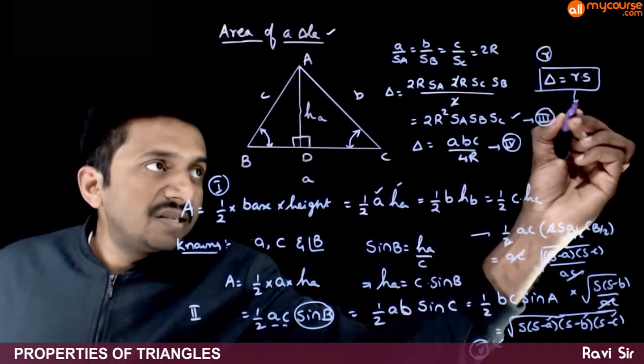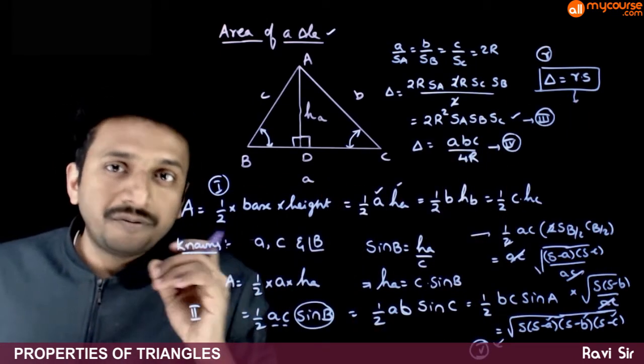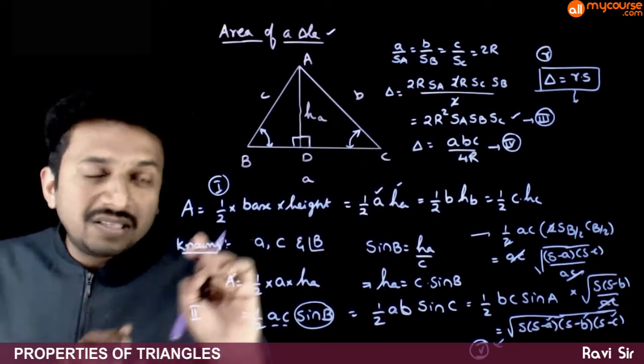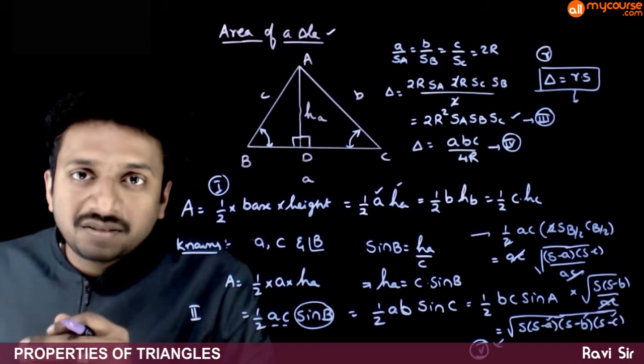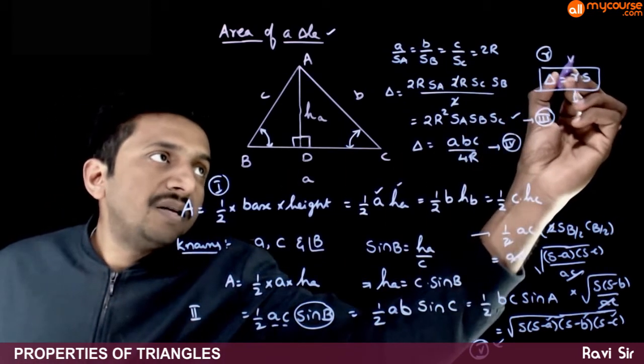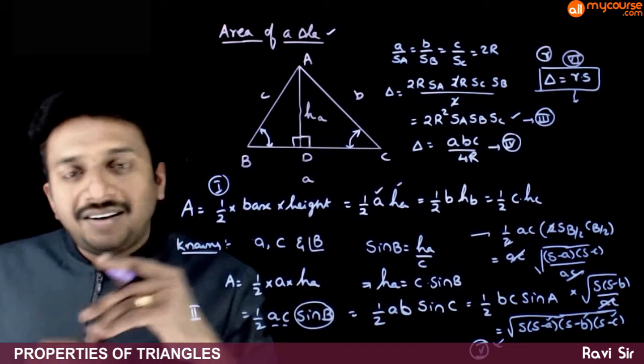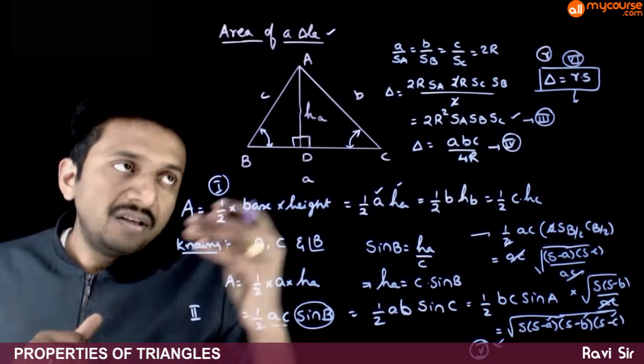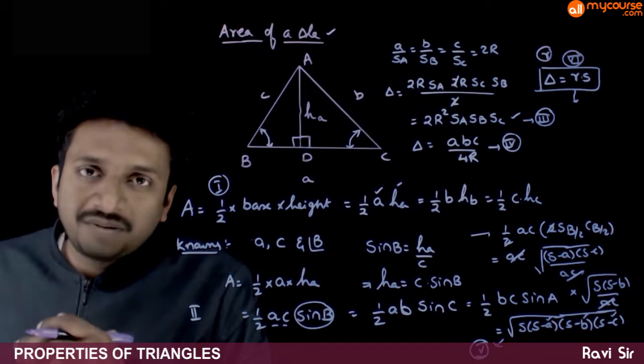The derivation of this will be covered in the topic of incenter and inradius. I am giving the formula here for the sake of completeness of the formulas of areas. So you have a total of 6 formulas to find the area of a triangle. Depending on the information that you have, you can use appropriate formulas.